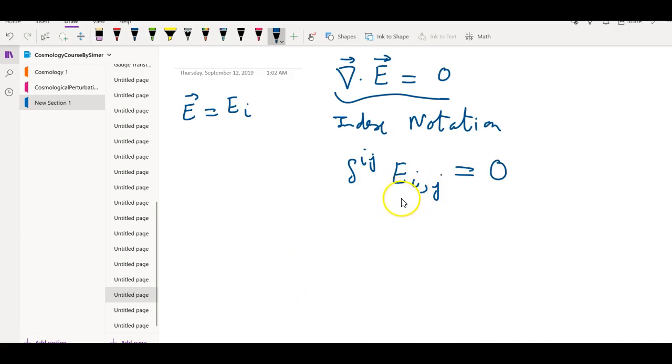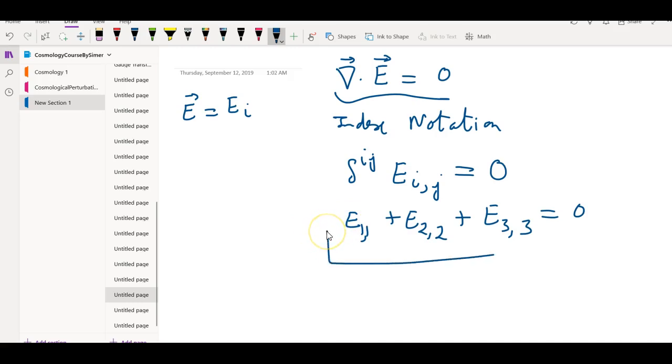Now, what does this mean? This means that I have E_11 plus E_22 plus E_33 is equal to 0. So what is this?